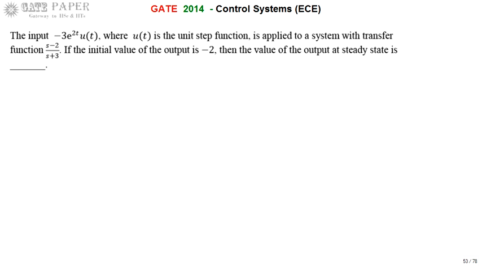The initial value of the output is -2, and we need the steady state value. Remember that the response of the system can be divided into two parts: the transient response and the steady state response.